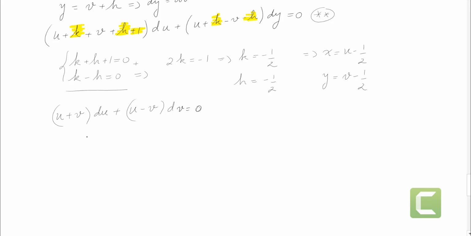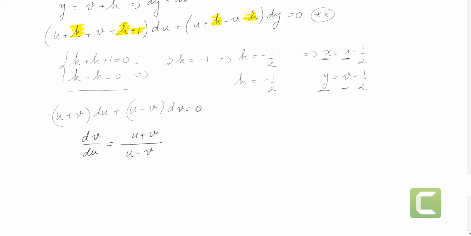So now dv/du, because since x was my independent variable, u is now my independent variable, y is the dependent and v is. So dv/du is going to be (u + v) at the top and (u − v) at the bottom.